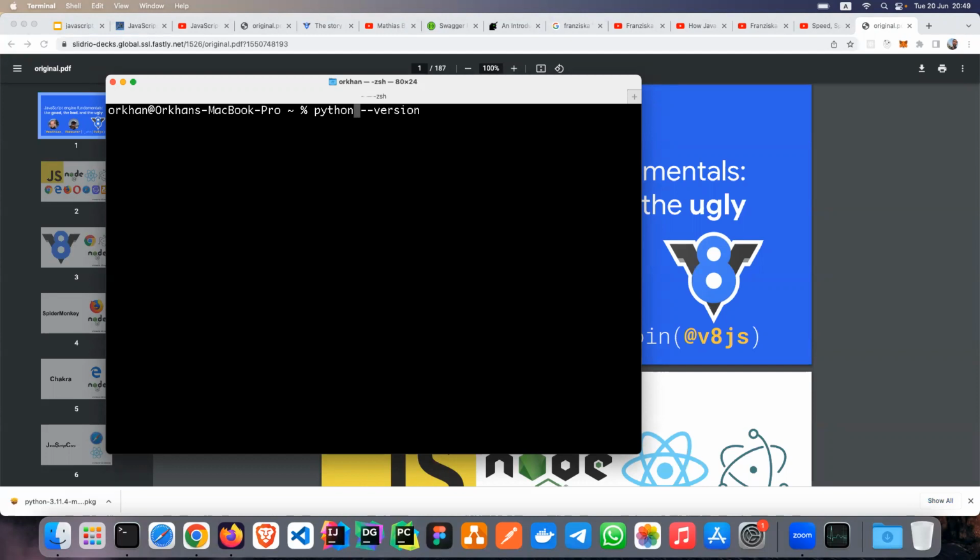On Windows, you just write Python, okay? But on Mac, you'll have to write Python 3 because we have two different versions of Python. I'm on Mac, so I have Python 3. If you write this and it gives you some output like this, showing the version of Python that you have installed on your system, then you are totally fine.